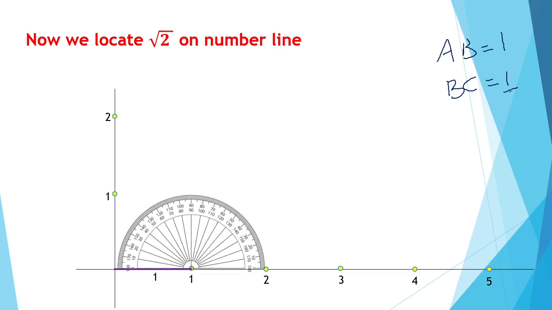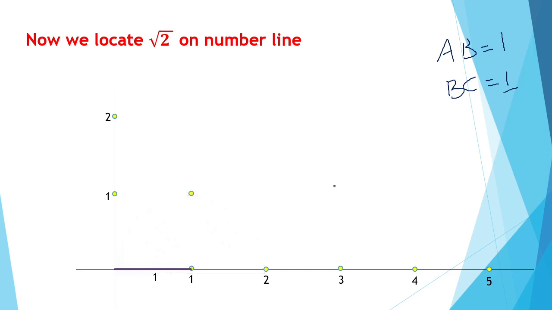Now how should we draw the altitude? Like this, you have to keep a protractor and take a point here at 90 degrees, and remove this protractor and draw like this. Are you following? Yes. 1 unit. Now join.